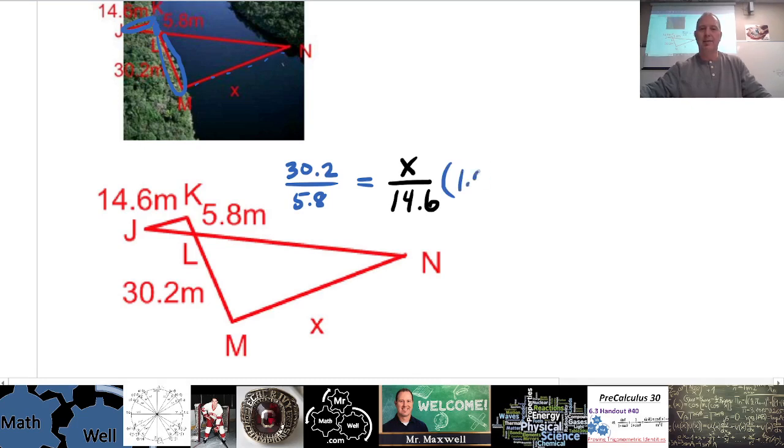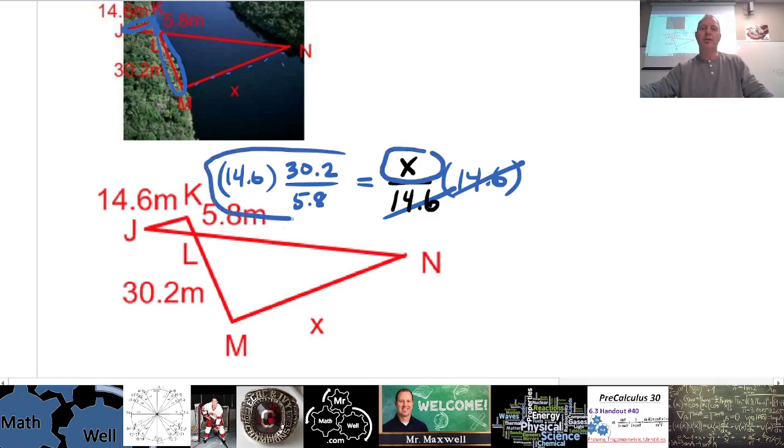Excellent. Whoops, not 1.46. Thank you very much, 14.6. Remember, this is just like the other questions that we were doing. So 14.6 over 14.6 gives us 1 over 1, so it's gone out of the way. And now x by itself equals this. That's the same as cross multiplying, remember?